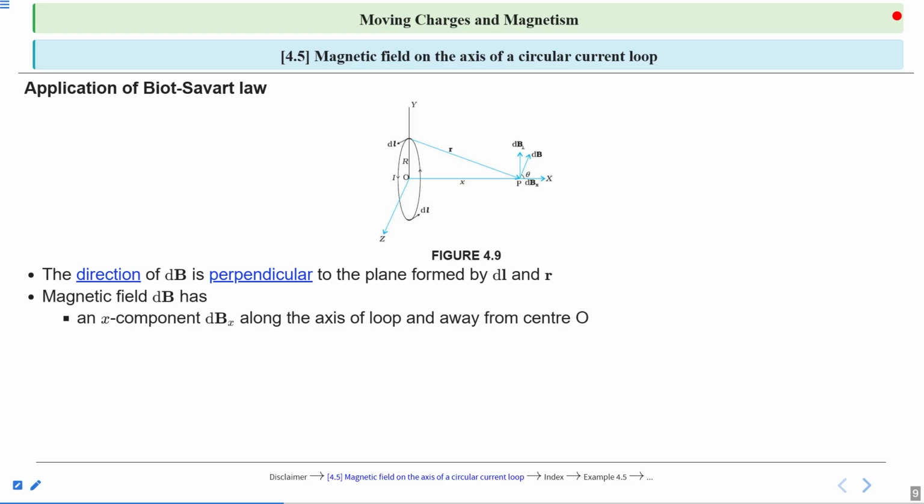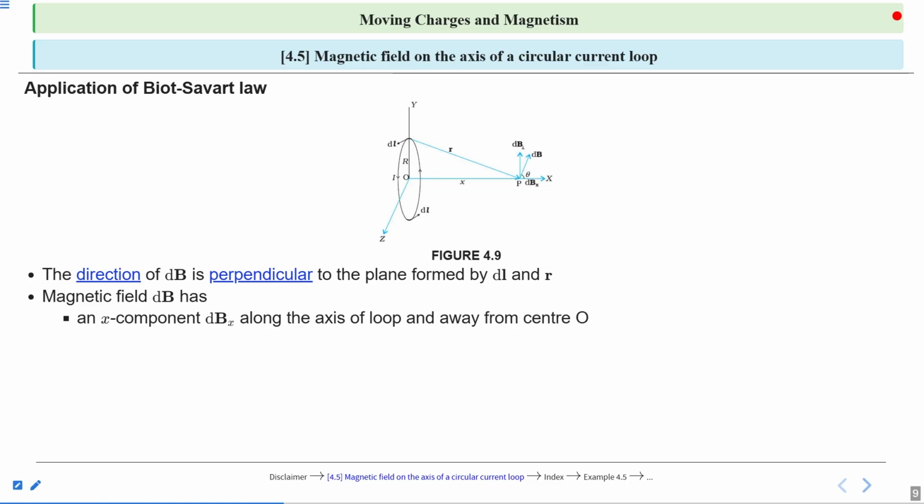Now we will resolve this dB into two components. First, an x component, dBx, which is along the axis of the loop and away from the center. You can see in the diagram it is in the positive x direction.